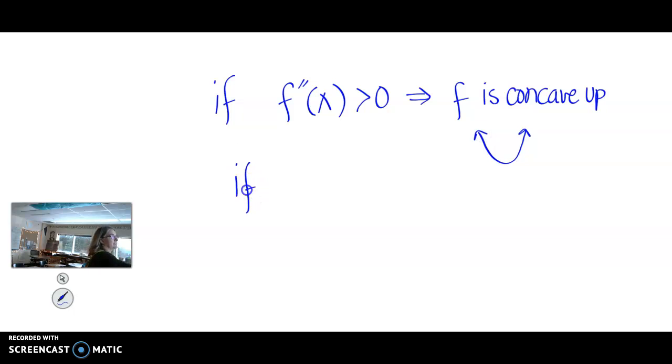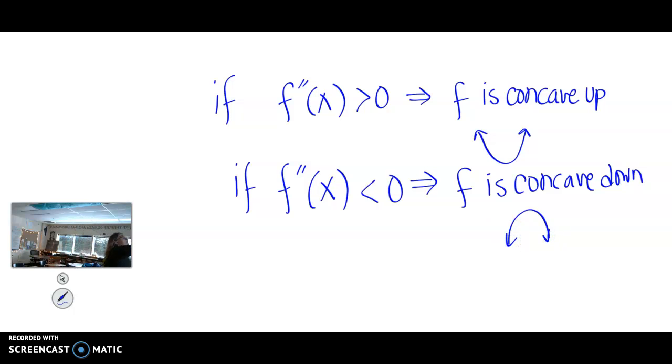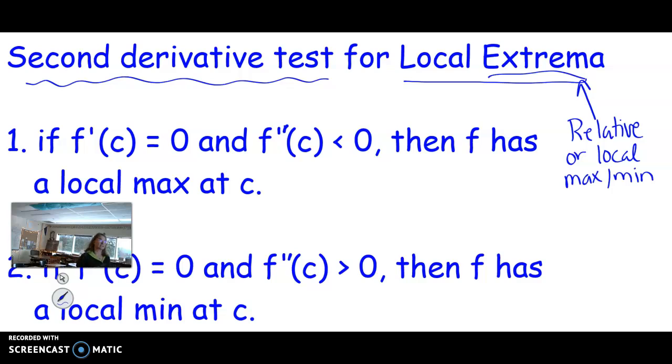If the second derivative is negative, it implies that f is concave down, like a frown. So we're going to use that to help us find extrema.